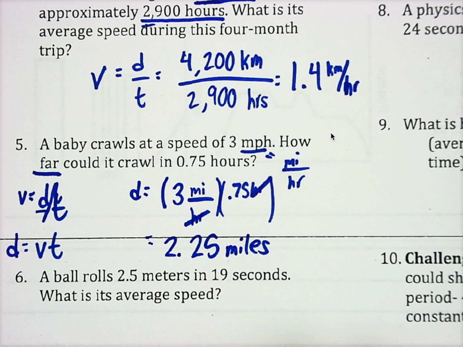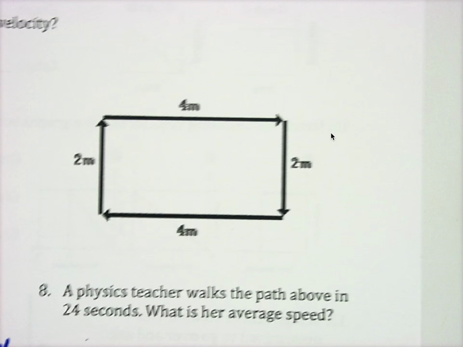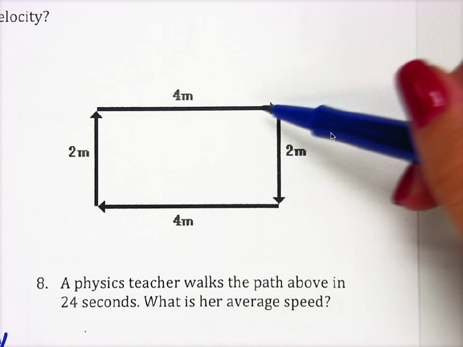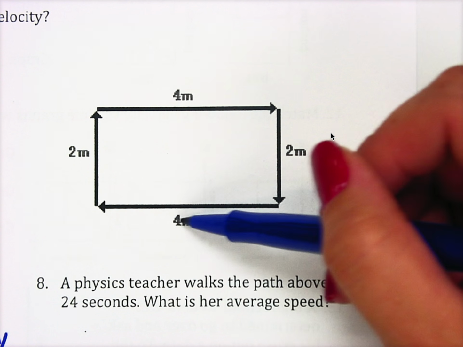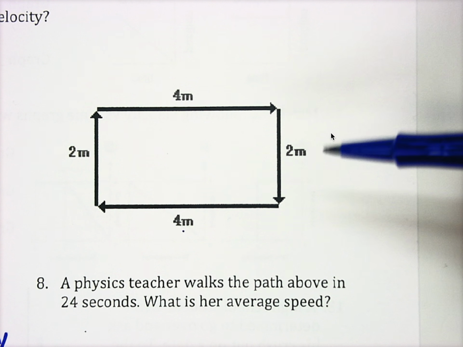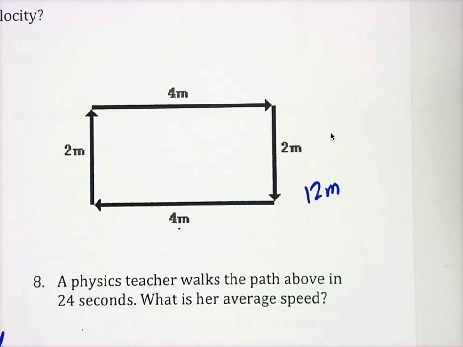Okay. I'm not going to completely go over 8 and 9, but I did just want to recognize. So if a teacher walks the path above, she goes 4, 6, 7, 8, 9, 6 plus 6, 12 meters. Okay, so it's 12 meters is what the perimeter is. So you can find that to use its speed.